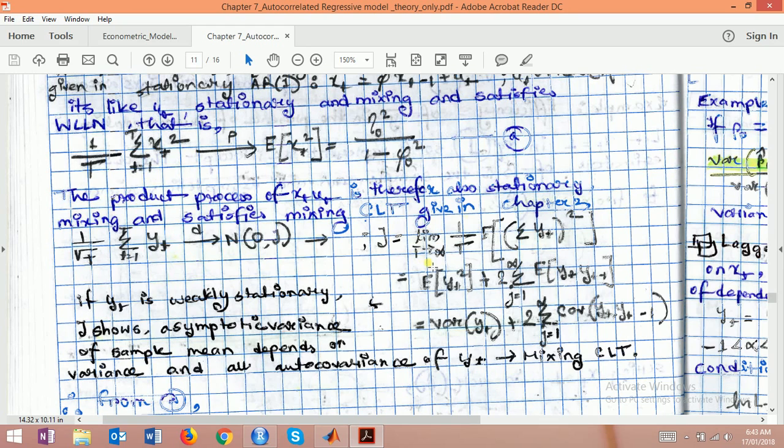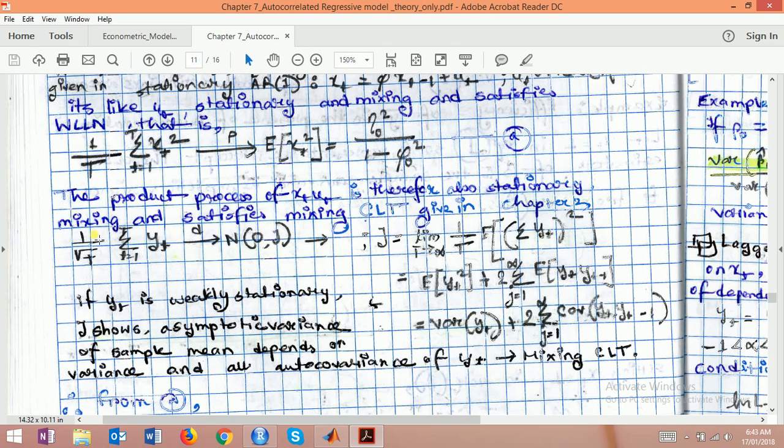J is first the limiting property of y square by t, just like x square, or the expected value of y square, plus 2 times the sum from j equals 1 to infinity of yt minus expected value of yt, depending on its lag yt minus 1. So this is the variance of y and basically the covariance of y and its own lag, 2 times the sum from j equals 1 to infinity.